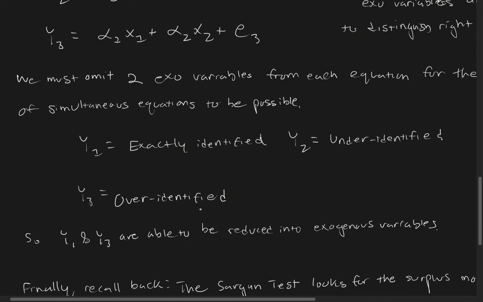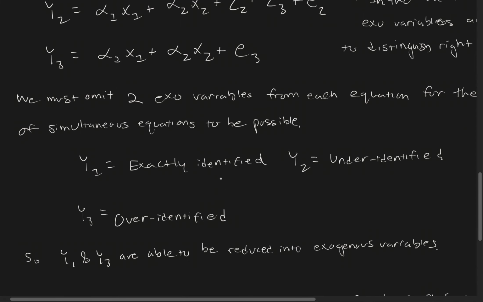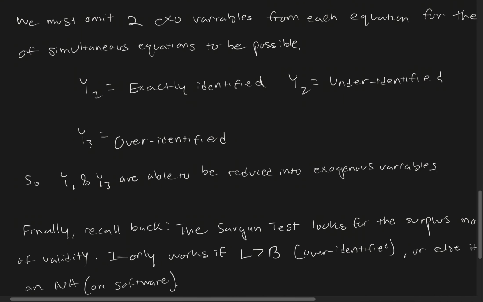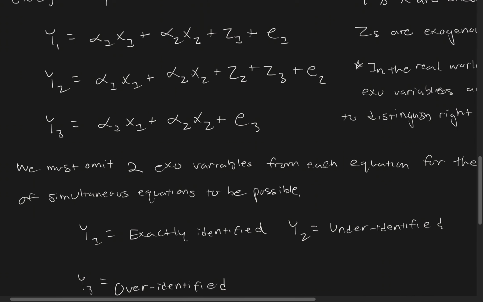And so y1 and y3 pass the test of being able to be reduced into exogenous variables to avoid endogeneity after being put in that form. But y2 does not because it does not have enough omitted variables.